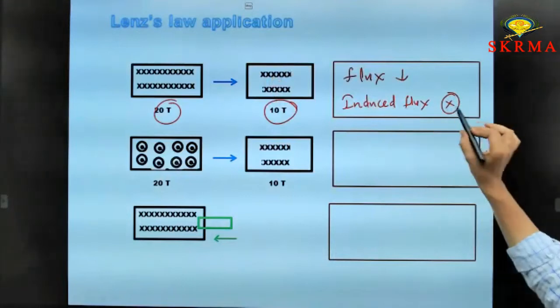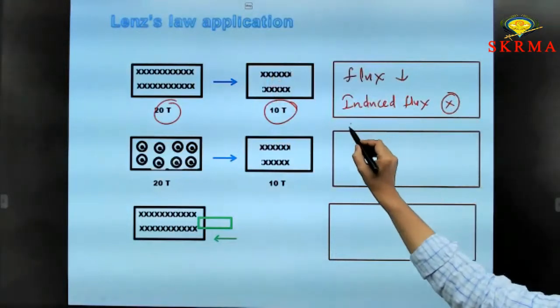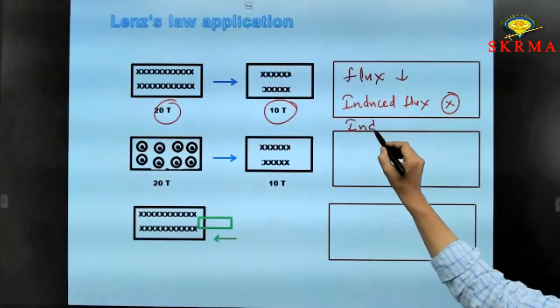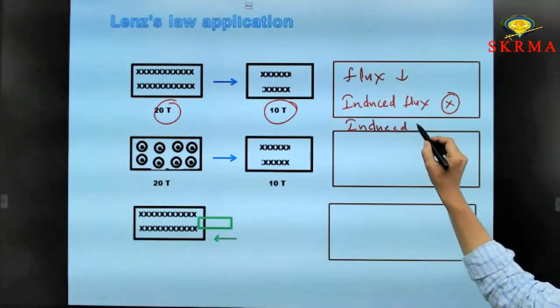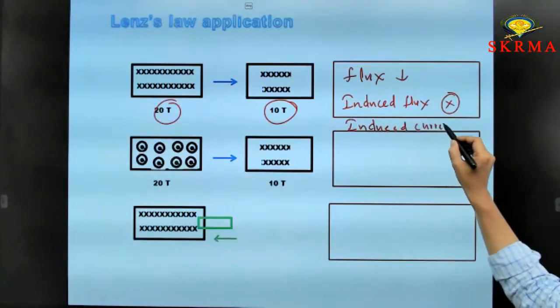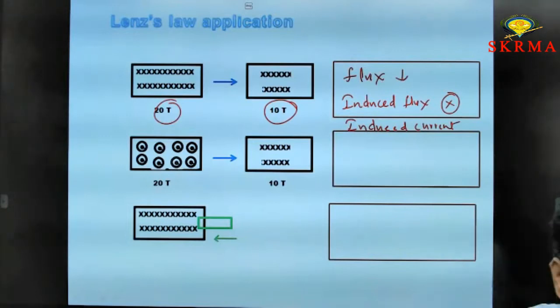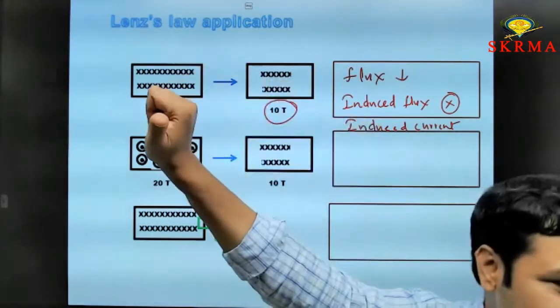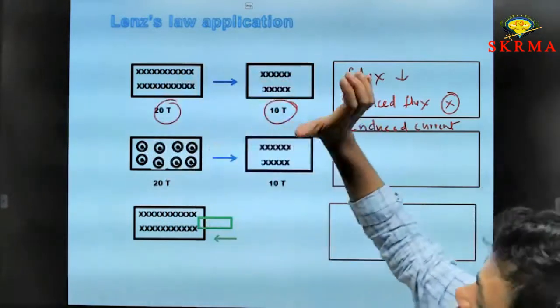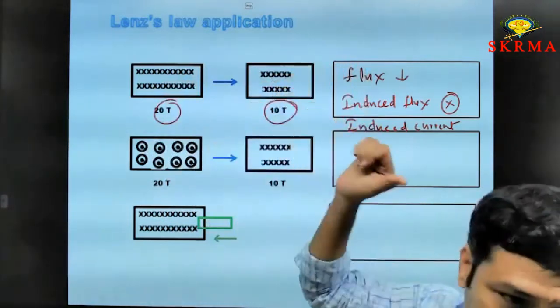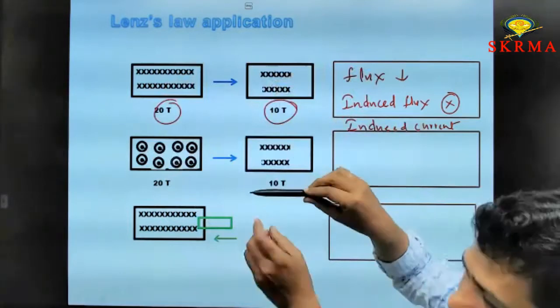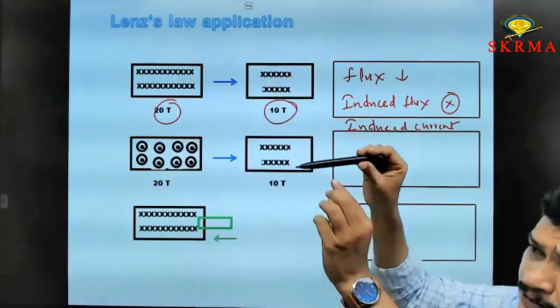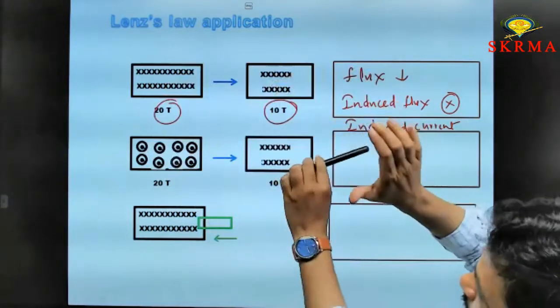Whenever the induced flux is into the board, what is the direction of the induced current? That is important, often asked in our examinations. The direction of induced current: if the field is into the page, apply the right hand thumb rule. If this is a conductor, the magnetic field is into the page.